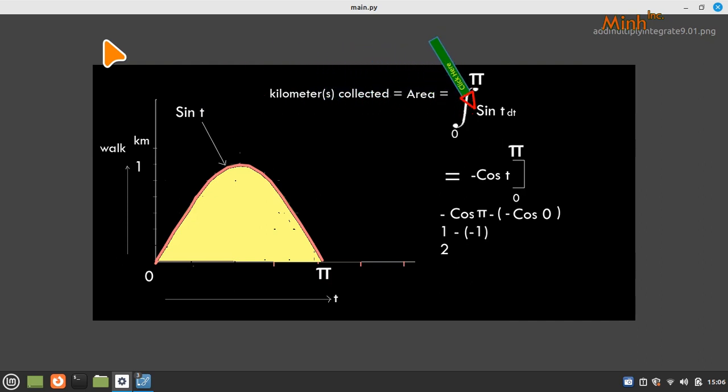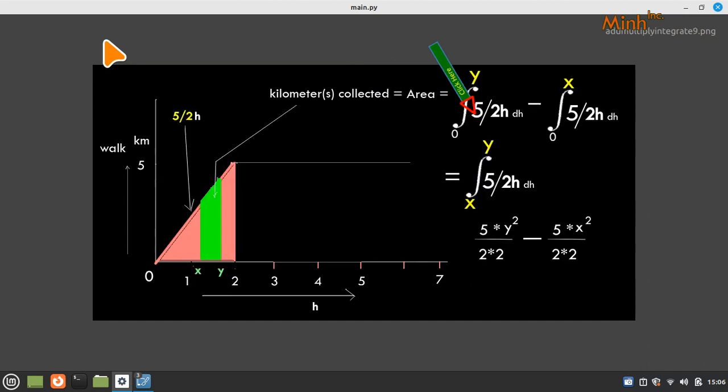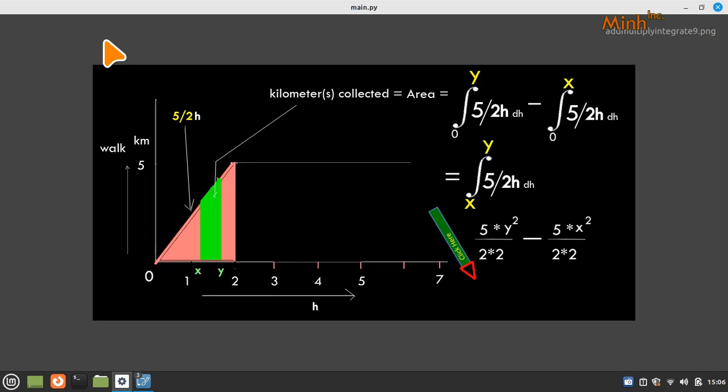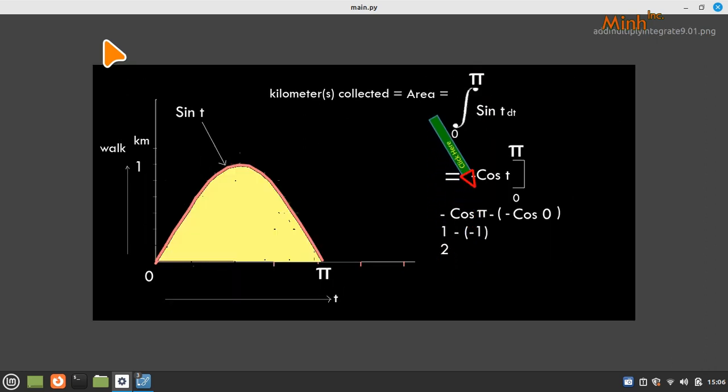The way the integration of x^k is x^(k+1), the integration of sin t is minus cos t, so from 0 to pi that comes as minus cos pi minus (minus cos 0), which is 2. So this person has traveled 2 km if he travels in this fashion.